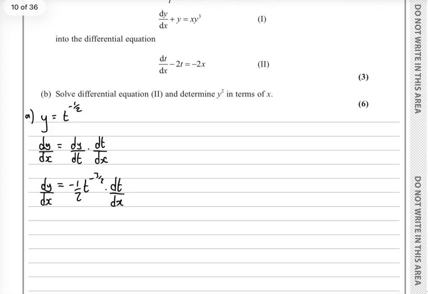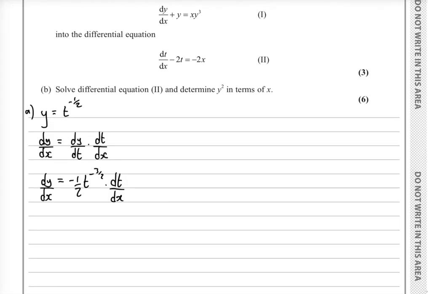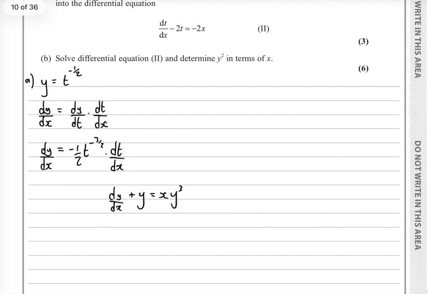Now I just need to put it all into the equation at the top of the screen there. dy by dx plus y is equal to xy cubed becomes, my expression for dy by dx, minus a half t to the minus 3 over 2 times dt by dx, plus y, t to the minus a half, equals x. That's fine, we leave it like that.